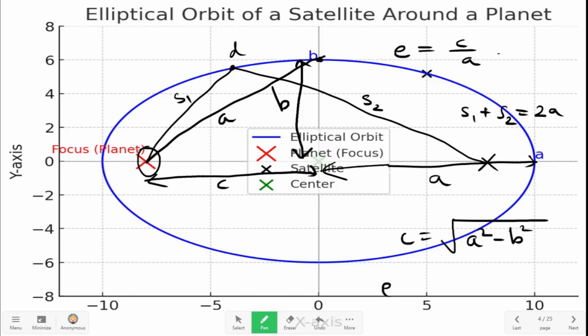Therefore eccentricity E is equal to root of A square minus B square divided by A, or we can write E is equal to root of 1 minus B square by A square.